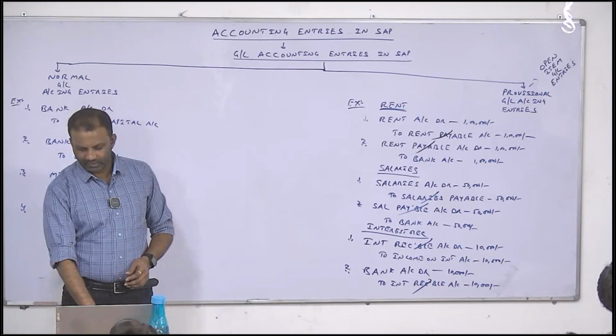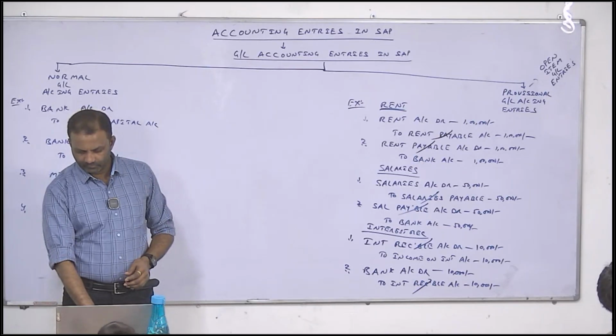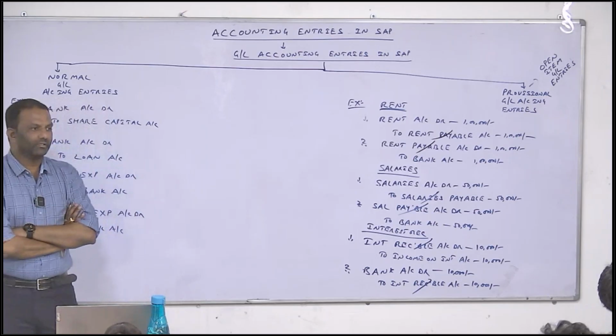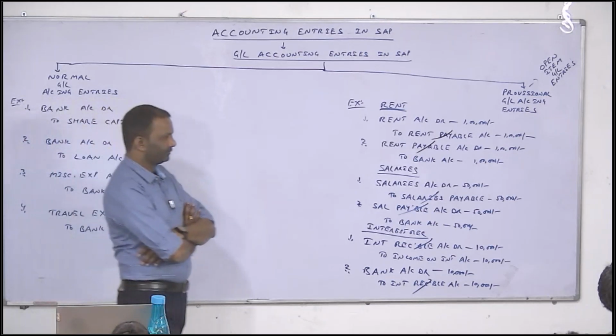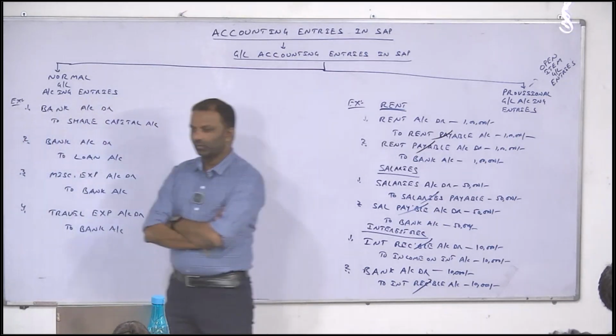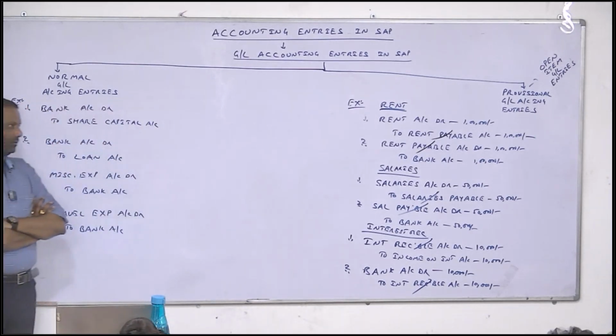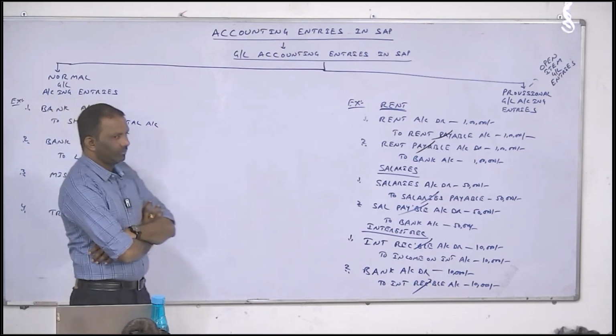Just put a side heading: open item management GL accounts. Just note it down.